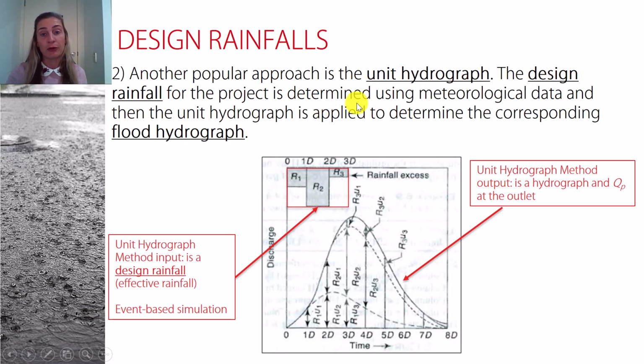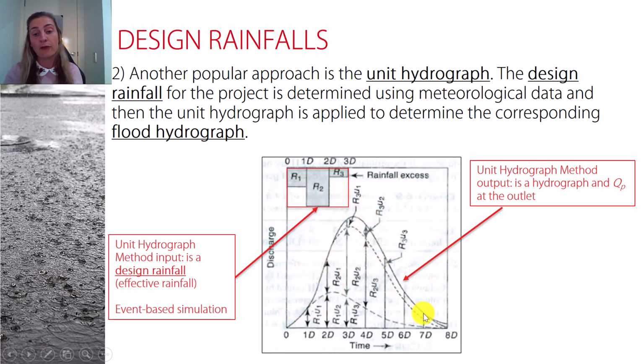Another popular approach is the unit hydrograph method. In this method, we use a design rainfall, and we use the unit hydrograph method, which we'll be discussing in one of the following weeks, to generate a proper hydrograph, which represents the response of the catchment to that rainfall event.